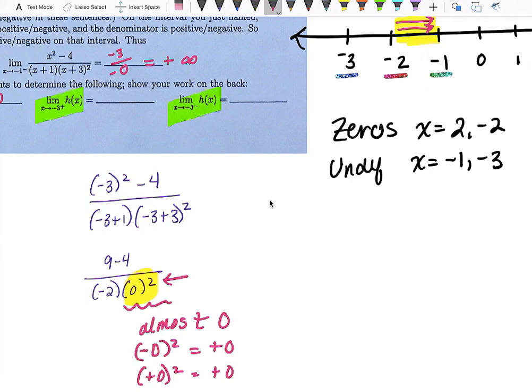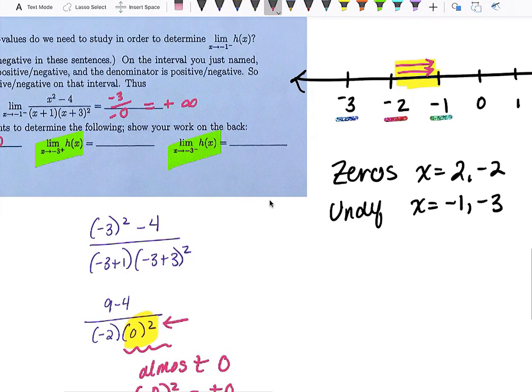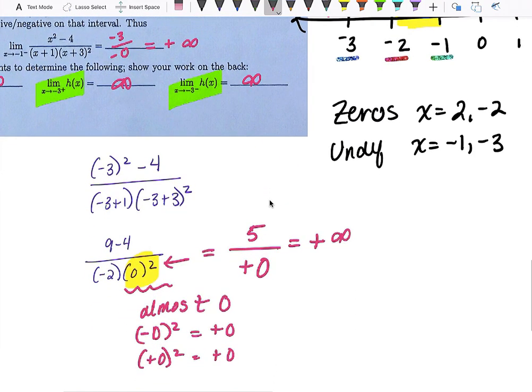So it doesn't matter if we approach -3 from the right or from the left, our denominator is always going to be a positive almost 0. And our numerator is going to be a 5. So a positive divided by a positive is always a positive infinity. So both of these are positive infinities because that denominator is going to be 0 whether you approach from the left or the right.